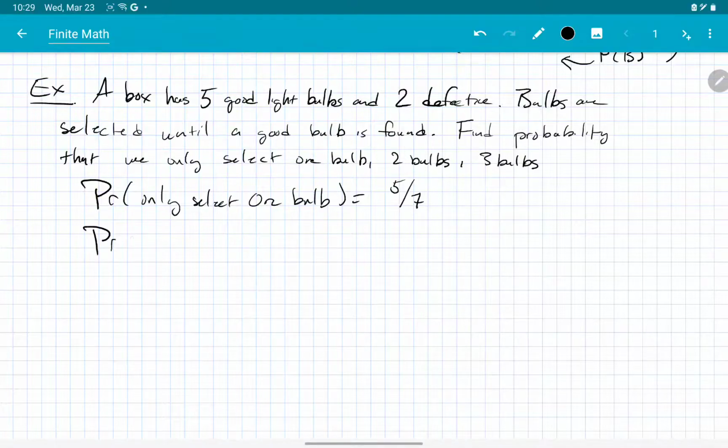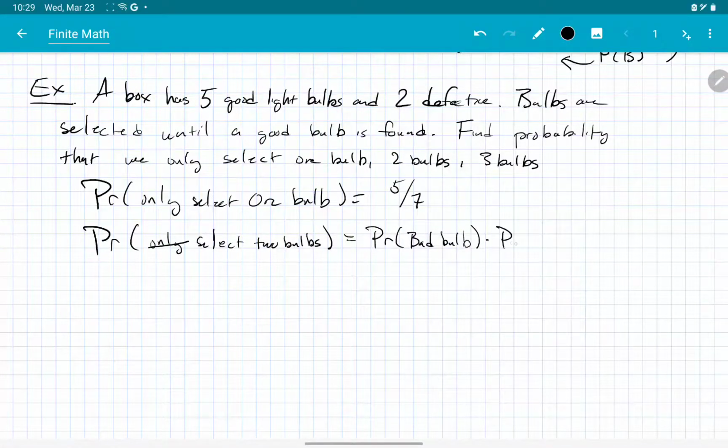But now the probability that we only select 2 bulbs. Okay. This is the probability that we select a bad bulb times the probability that we select a good bulb given that the first bulb was bad.